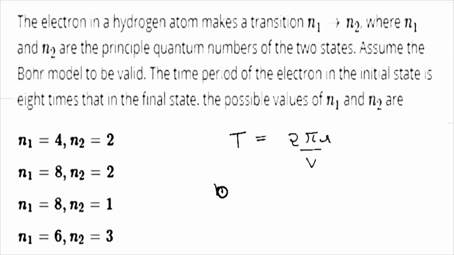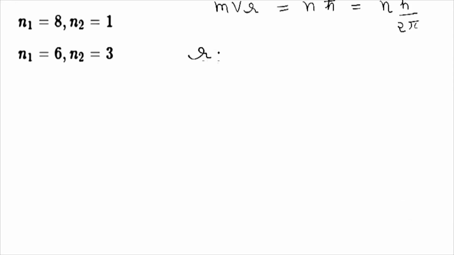From Bohr's model, mvr is equal to nħ, and here the value of ħ is h upon 2π. So mvr = n·h/2π, and the velocity v equals nh upon 2πmr.